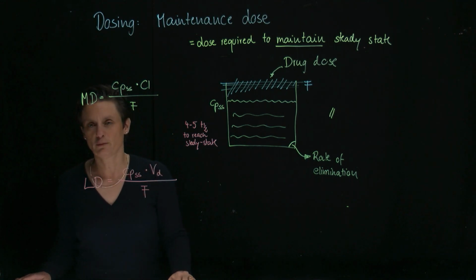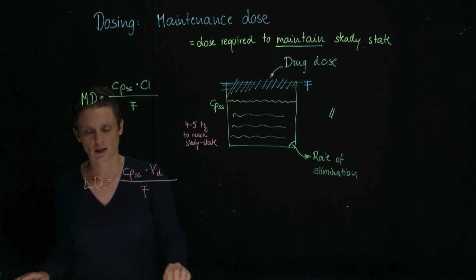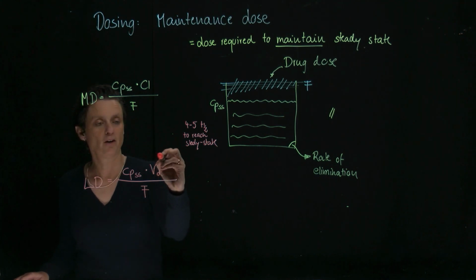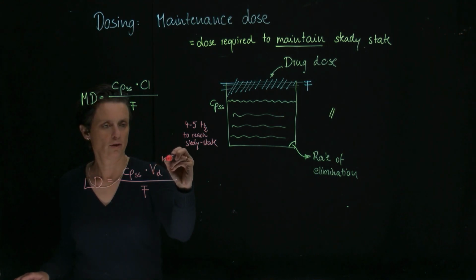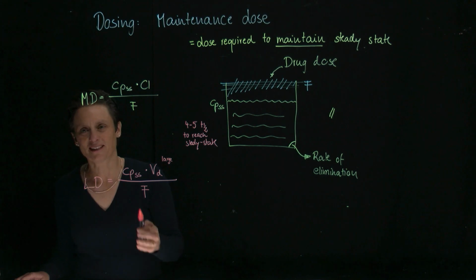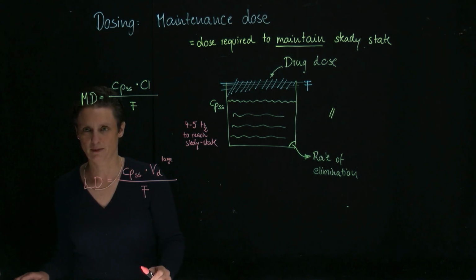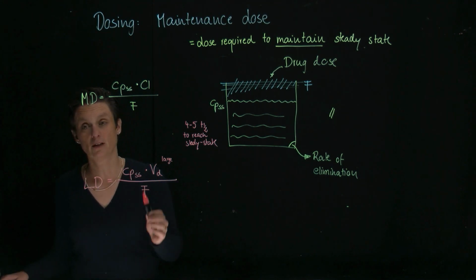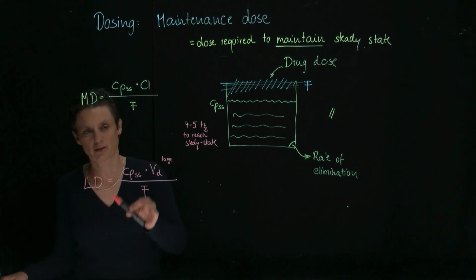Why does the volume of distribution play here an important role? Well, if you have a very large volume of distribution, what do you think your plasma concentration is going to be? I hope you're going to say you're going to have a low plasma concentration because the drug is everywhere. It's not just in the plasma, so it's low.